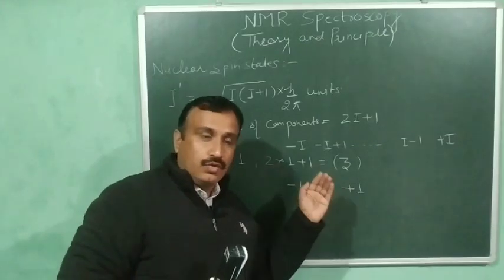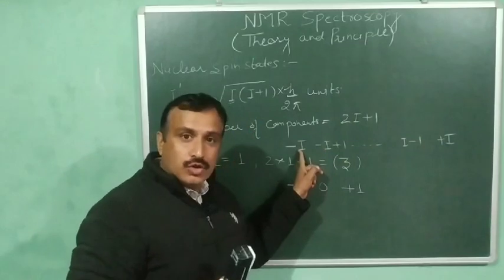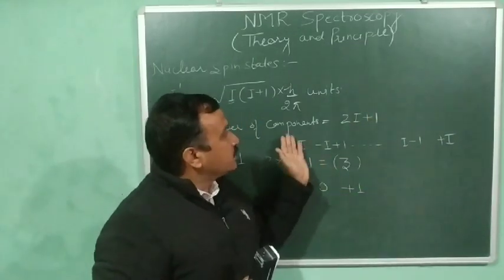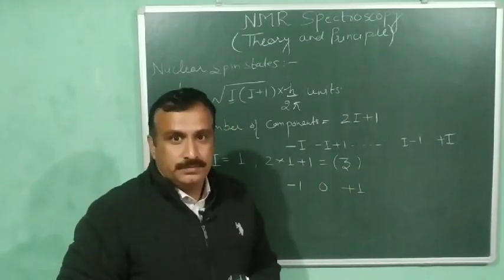So we will go from -I to +I. -I will be the first component, +I will be the last component, and we move from -I to +I by adding 1 in each step.